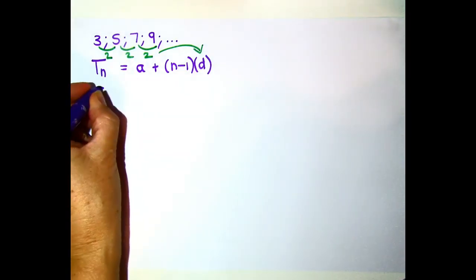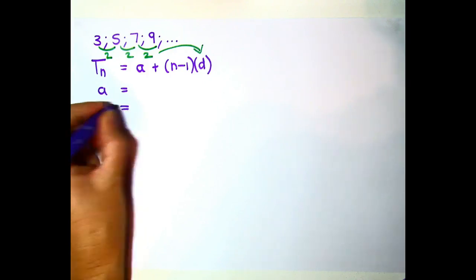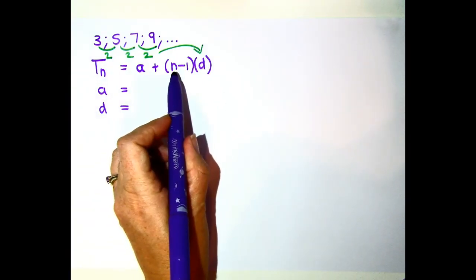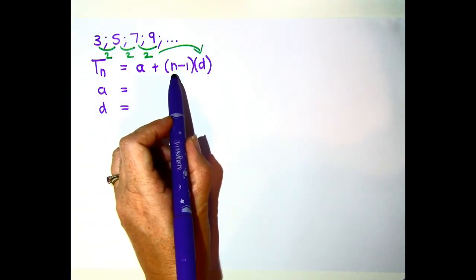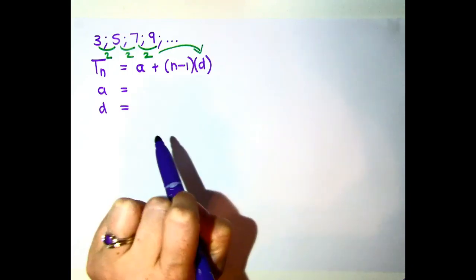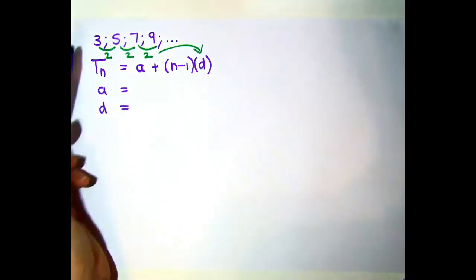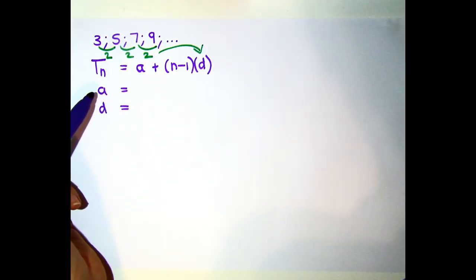And then we're going to see whether we know what A is, and whether we know what D is. The N we would need if we were being asked a question about the position. But right now, if we're asked for the formula or the general term or the nth term, you're going to have an N in the formula, so you're not solving for N. Okay, now remember that A is the first term.